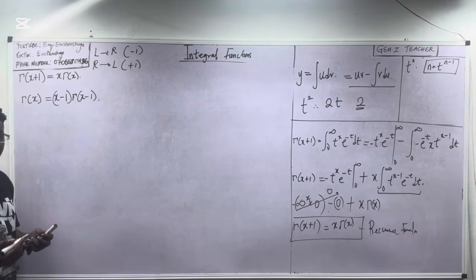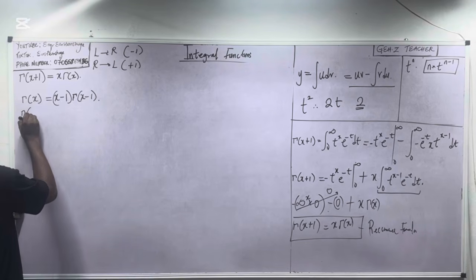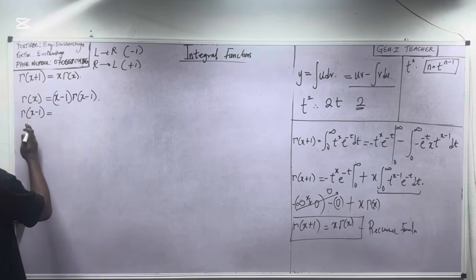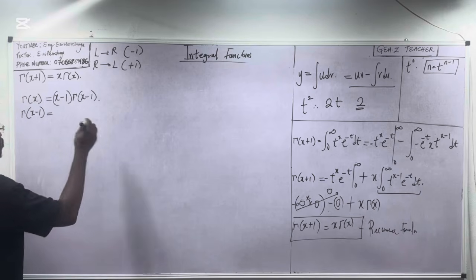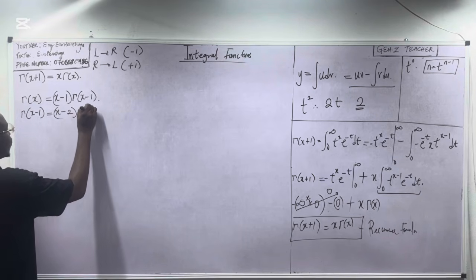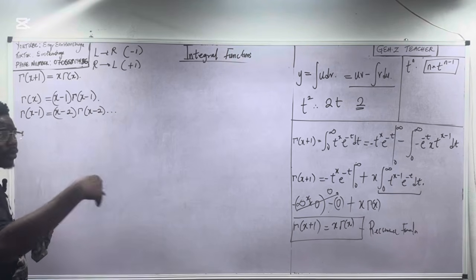We're going to continue again to get the gamma of x minus 1 and see what we have. Okay, so quickly, the gamma of x minus 1. Well, now remember, from left to right, we are reducing by 1. So you're now going to have x minus 2 and then the gamma of x minus 2. So this is going to keep on going like that.